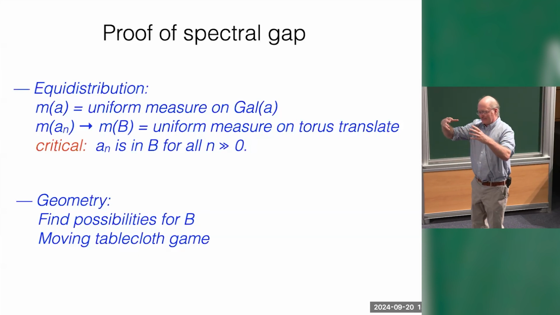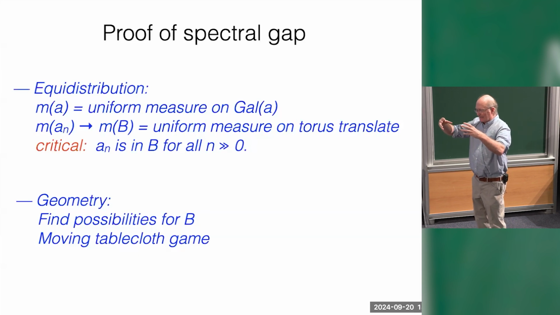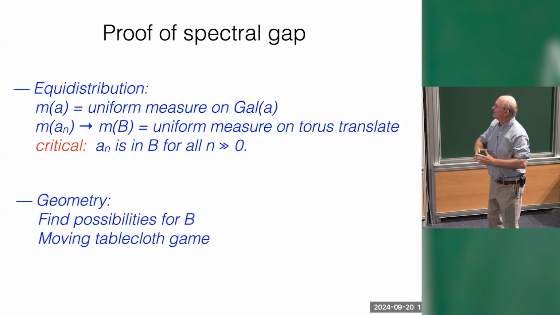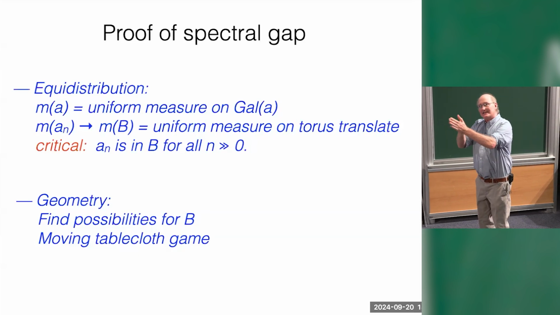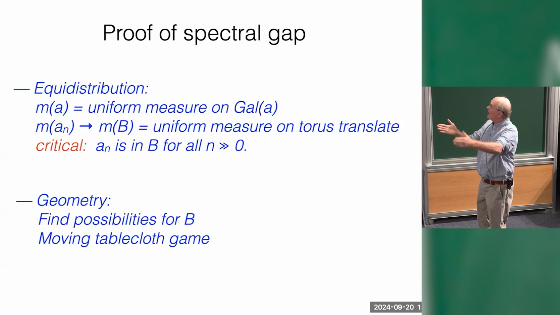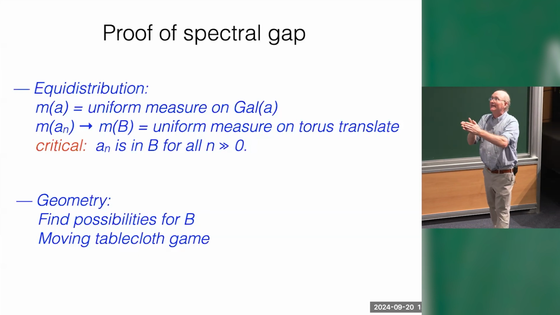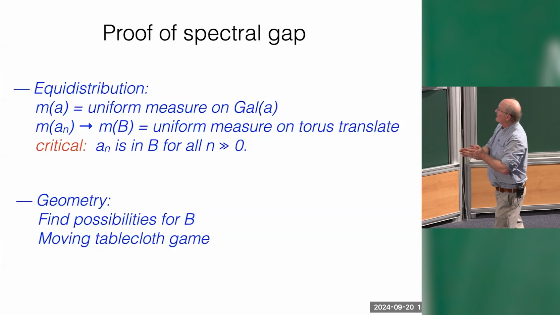And what often happens is that if you put delta masses on these finite points, any limit of this sequence of measures is the uniform measure on a subtorus, or possibly on a union of finitely many translates of a subtorus. There's many instances in which that's true. This is one of them, this Galois invariant one.